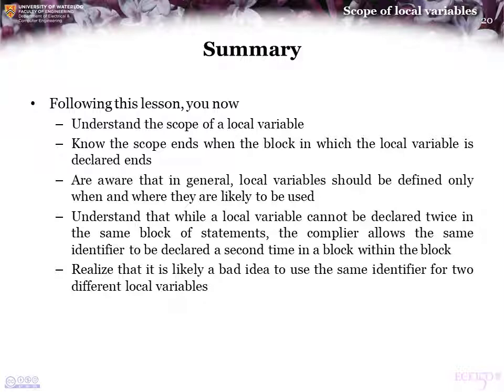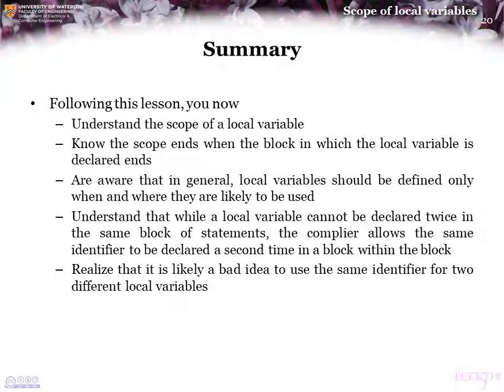Following this topic, you now understand the concept of the scope of a local variable. You know that the scope of a local variable ends when the block in which that local variable is declared ends. You are aware that in general, local variables should be defined only when and where they are likely to be used.